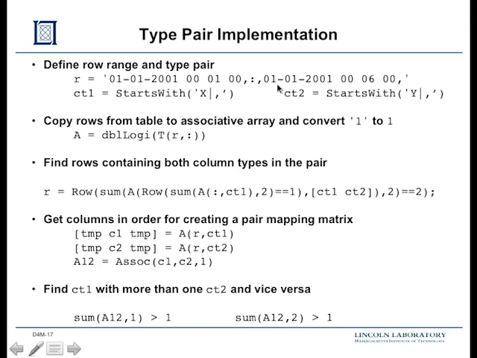So again, I'm just going to use a range query here. I have this range: I'm going to have my type 1 be starts with X and my type 2 be starts with Y. So I do my query, I convert all the string ones to numeric ones, and then I get all the columns of type 1 and sum them all together.